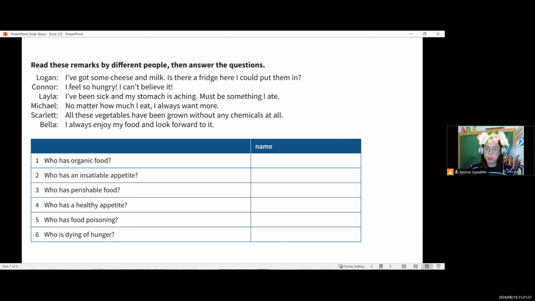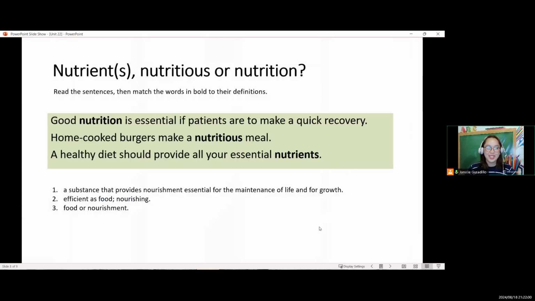Who has perishable food? Who has a healthy appetite? That's so quick. Who has food poisoning? It's Layla. And who is dying of hunger? Okay, it's Connor. All right, that's great, my dear.